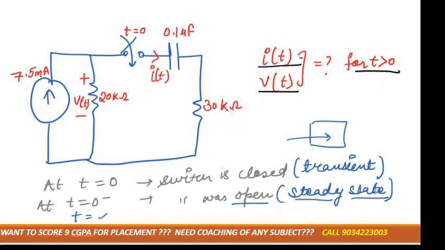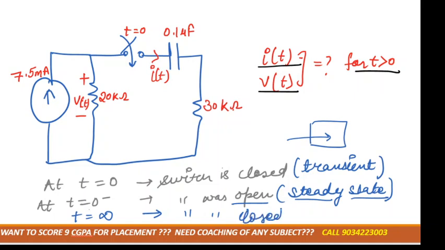And after that, at t equal to infinity, is the switch opened or closed? Infinity, like you are remaining in the room for 1 hour, so you are seeing the switch for 1 hour. After 1 hour, is the switch closed or open?